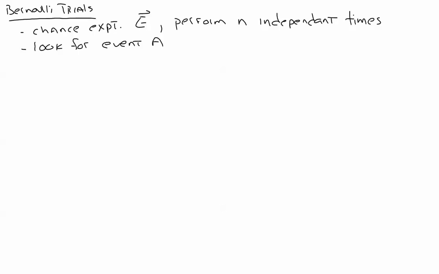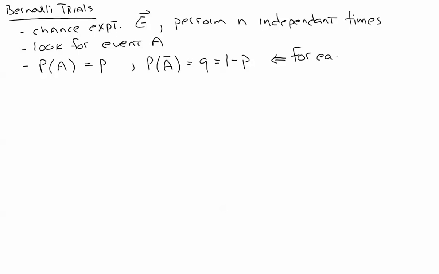A may have one or more elements. The probability that event A occurs in any given trial equals little p. The probability that event A does not occur in any given trial is q, and A either occurs or it does not, so therefore q has to equal 1 minus p. So this is the probability that A occurs or does not occur for each trial.